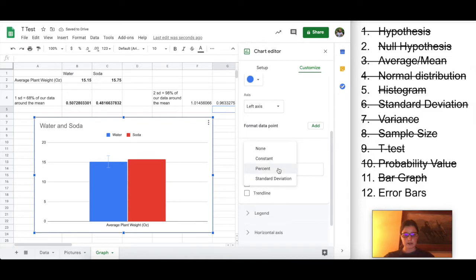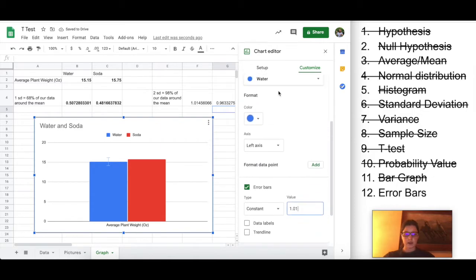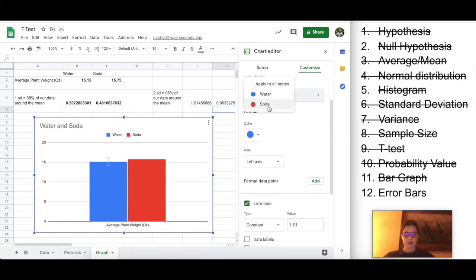Make sure that it's not percent, it's a constant. And right now it's saying the value is 10, but we want it to represent 2 standard deviations, which is going to be 1.01. So it automatically adjusts.